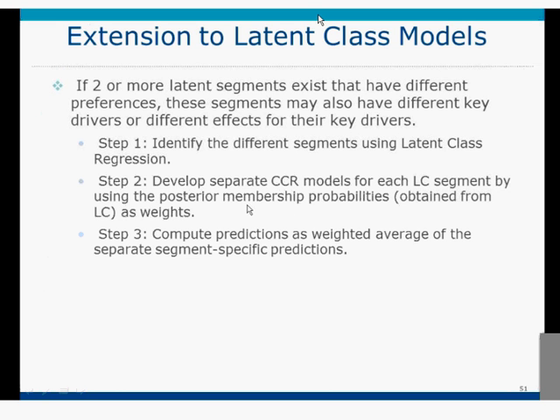The reason that this is better is that if you just classify, you have some misclassification error. So if somebody's predicted to have a probability greater than 0.5 of being in group 1, what if the probability is 0.55?